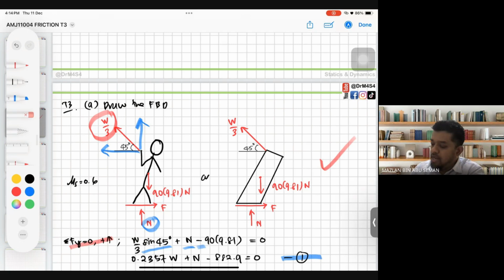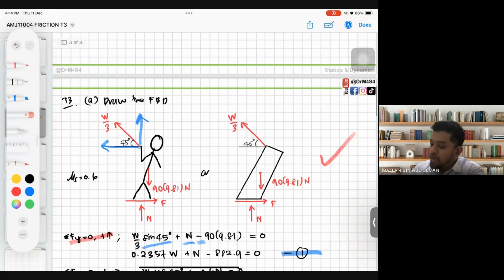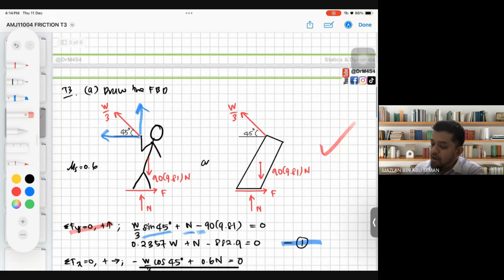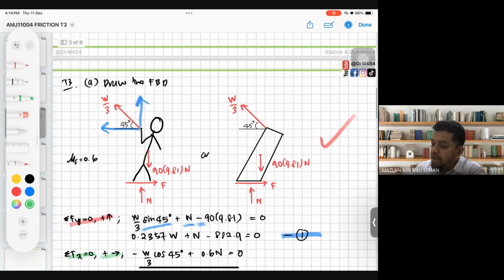All right. Then we take the summation of Fx, sorry, Fx equal to 0, positive to the right. For the Fx, this one is to the left, so that's negative: W divided by 3 cos 45.